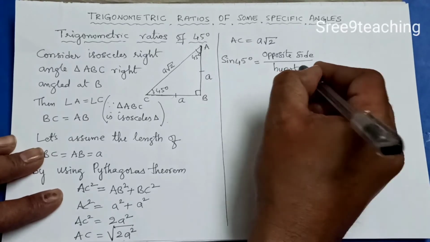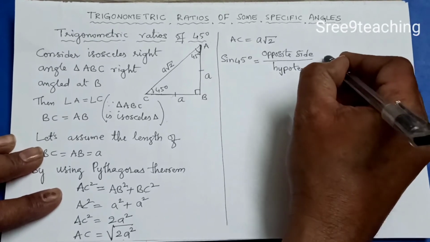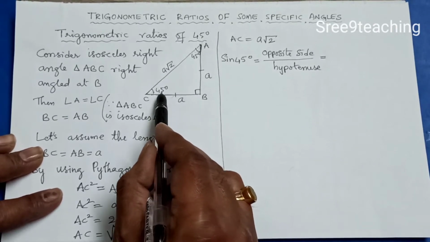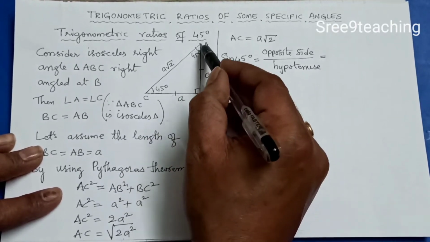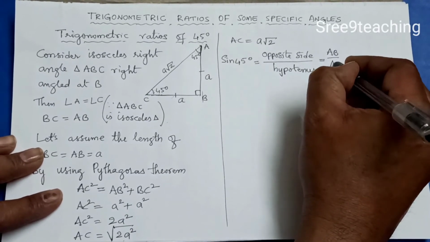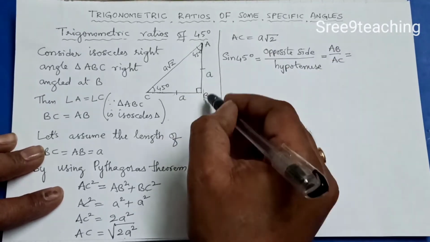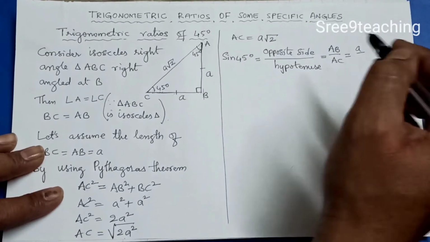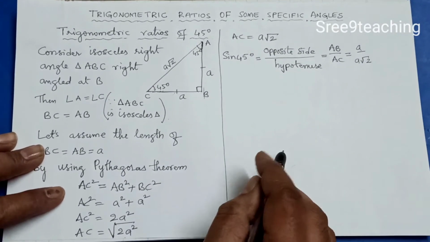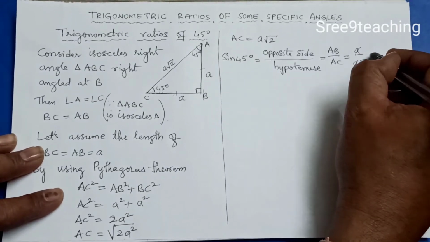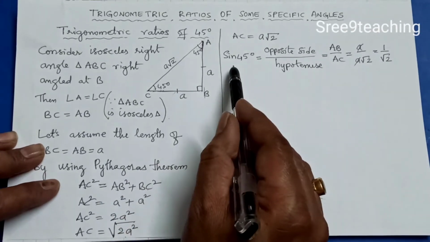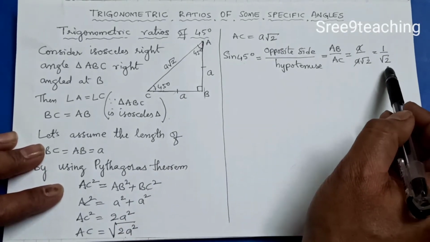In this triangle, the side opposite to this angle is AB and the hypotenuse is AC. Hence I am writing AB by AC. AB is A and AC is A into root 2. Now A gets cancelled, then it will be 1 by root 2. So we got sine 45 degrees is equal to 1 by root 2.